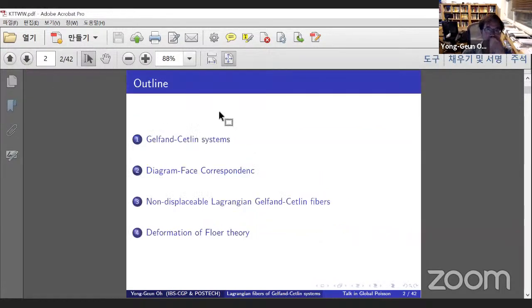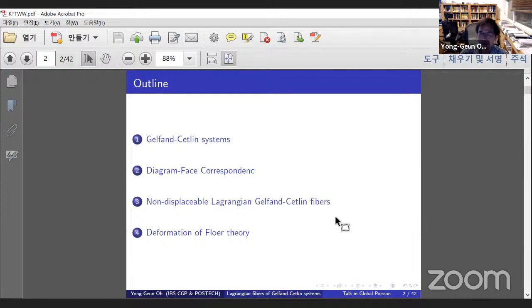Okay, so this is the outline of my talk. I first go over the well-known Gelfand-Cetlin systems, and then I talk about some diagram-phase correspondence to identify the Lagrangian fibers, how we can detect the Lagrangian fibers of the Gelfand-Cetlin systems. And then, which of those fibers are non-displaceable.